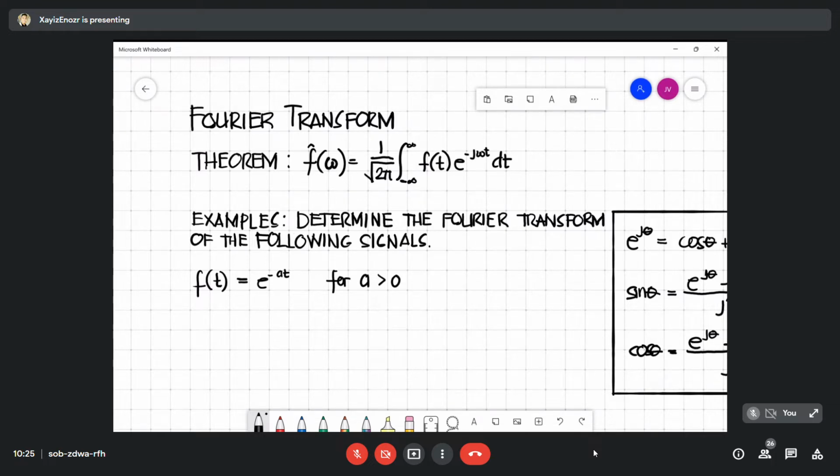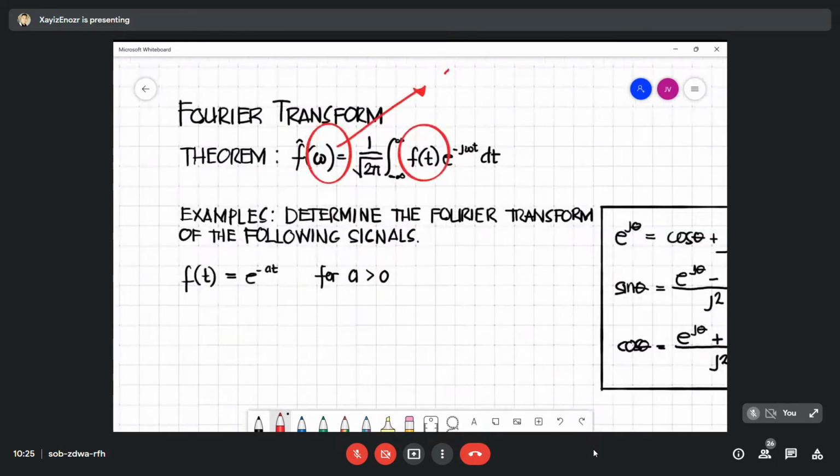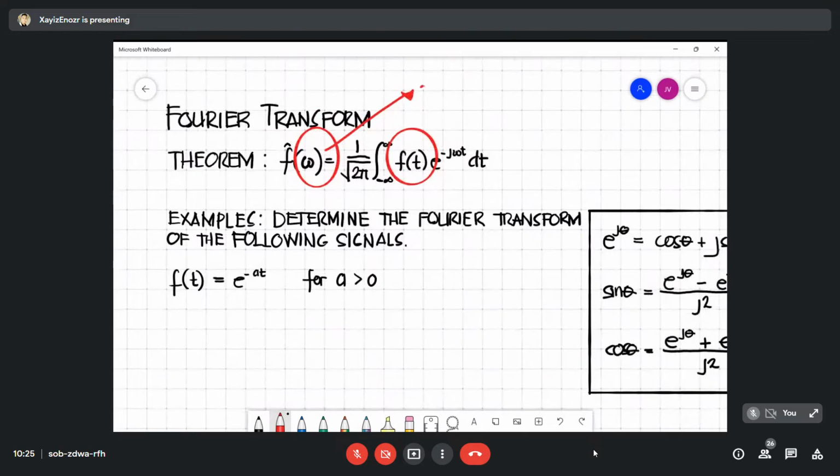Dito, kung makapapansin yung theorem, we are transforming yung function ng time, ito, function of time, into function of omega. Omega, alam naman natin sa signal, okay, is omega is equal to 2 pi f.